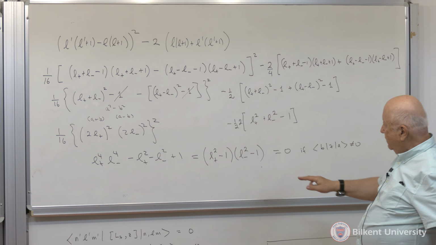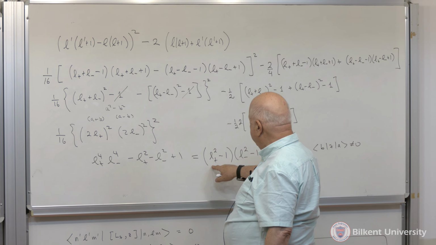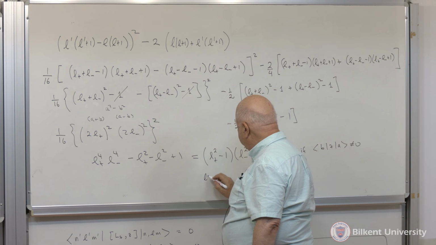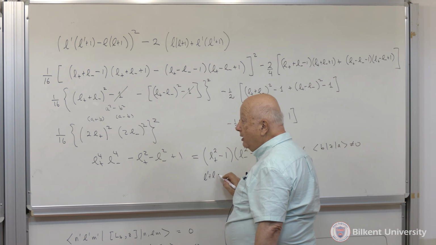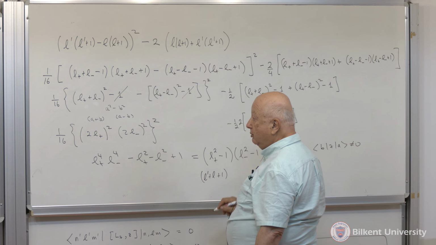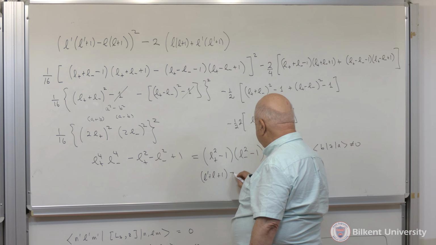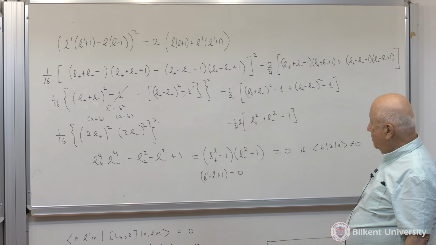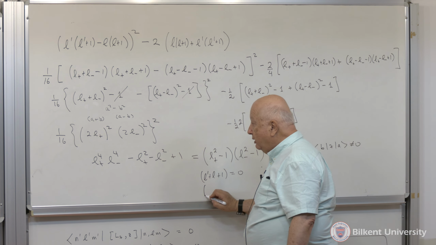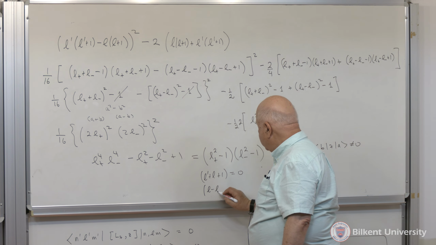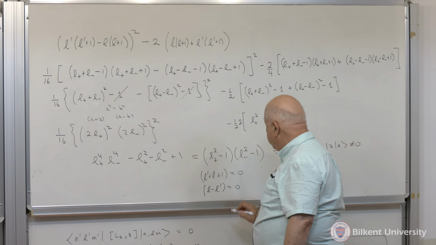So what are these conditions? Either this has to be 0, which is L prime plus L plus 1 squared, or I need to have L minus L prime equal to 0.